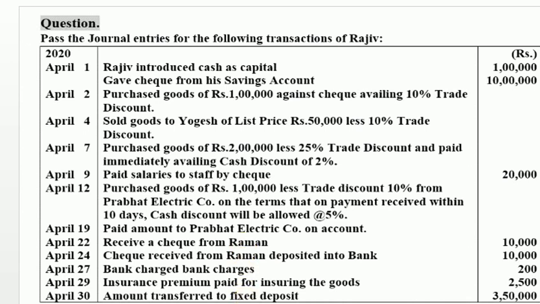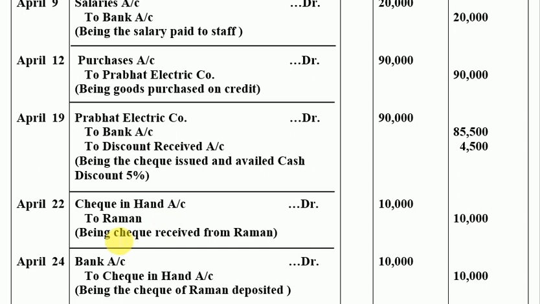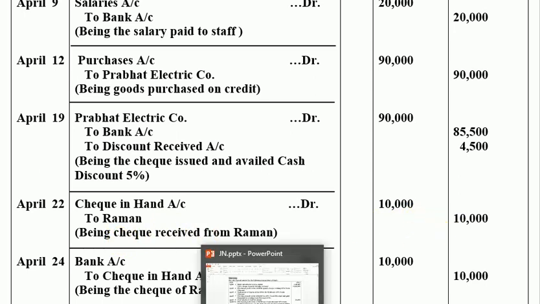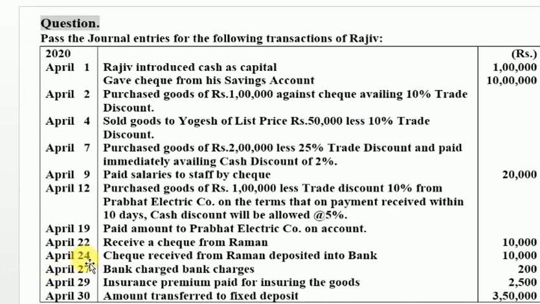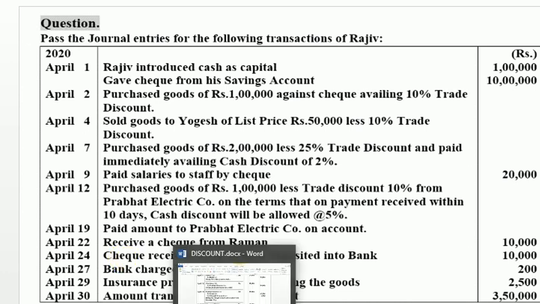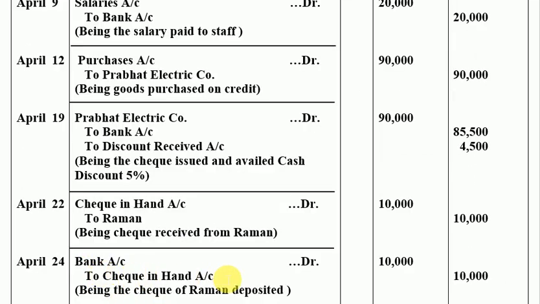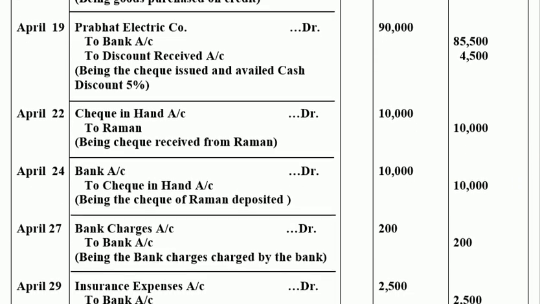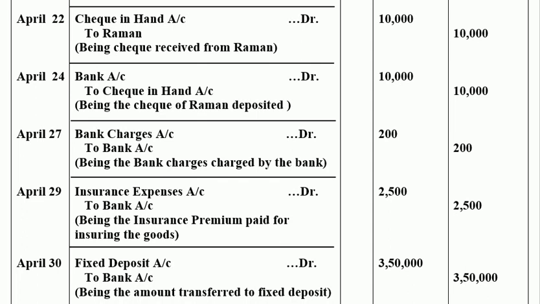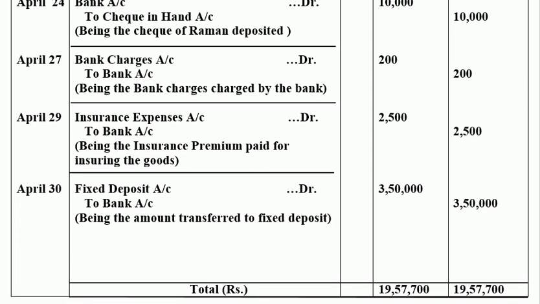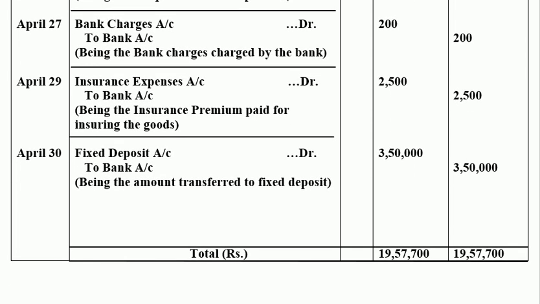So the entry is check in hand to Raman 10,000. But after 2 days, on 24th, he is depositing that particular check into the bank. So the entry will be bank account debit to check in hand account, and right now bank increases due to depositing the check into the bank. Got it?